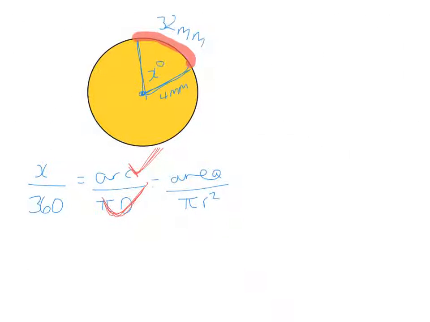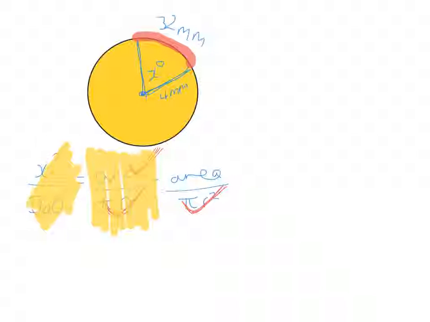We could calculate pi d. We could also calculate pi r squared. We are looking to calculate the angle x, and 360 is a number. To determine which ratios we are going to use, we use the ratios that have two ticks, or a tick and a question mark.